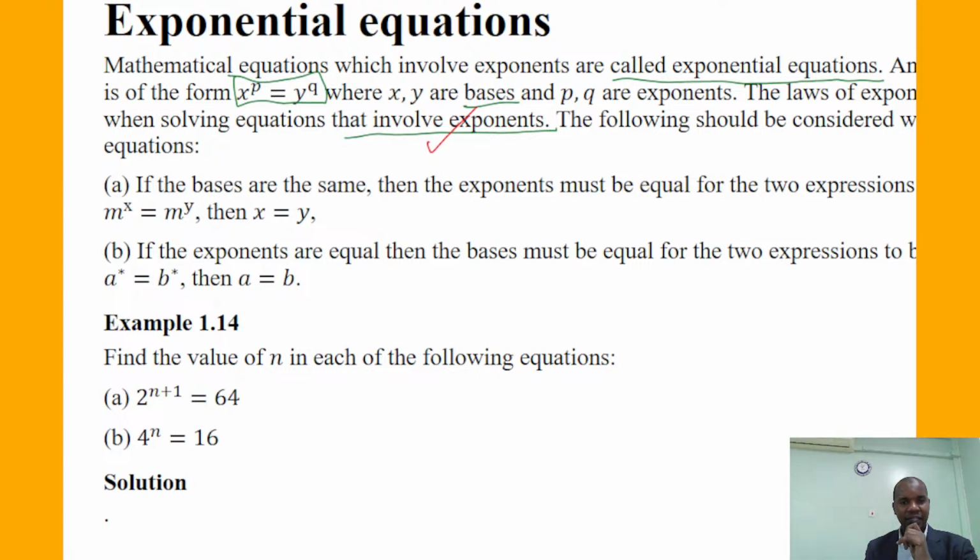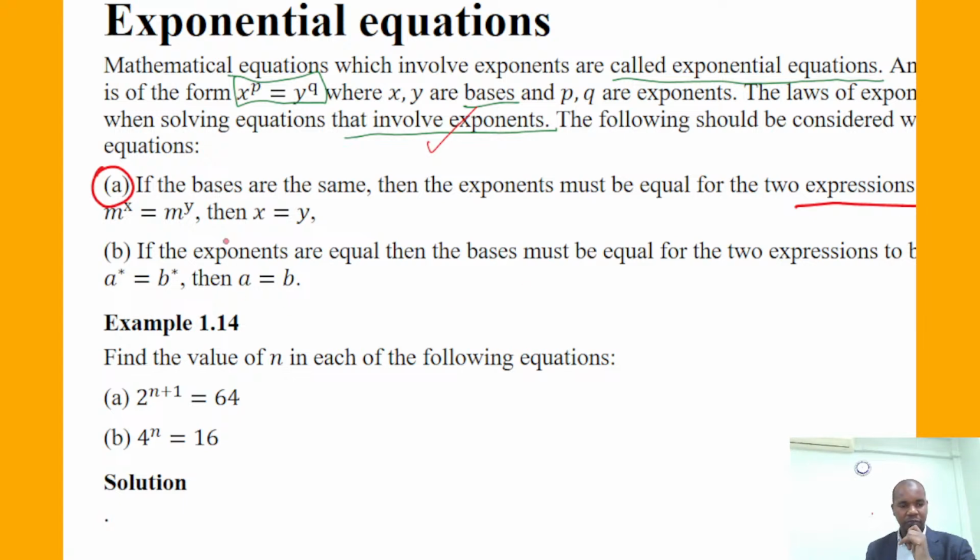Now we are going to jump to the solution. We are going to go to specific cases. For example, consider this case here. If the bases are the same, then the exponents must be equal for the two expressions to be equal.